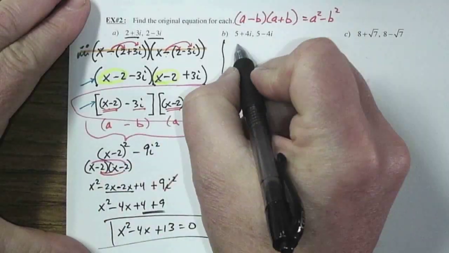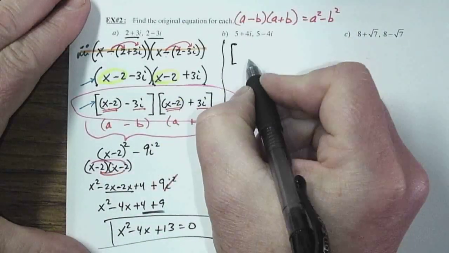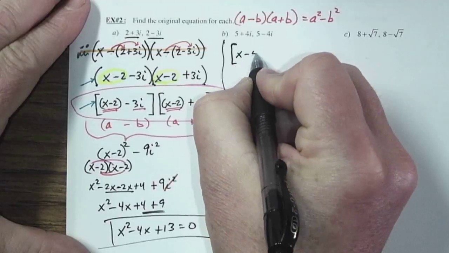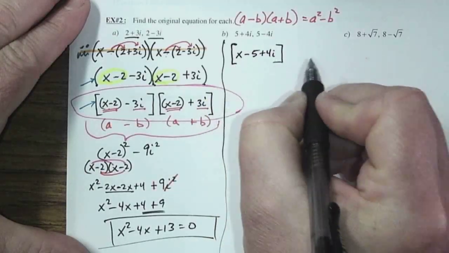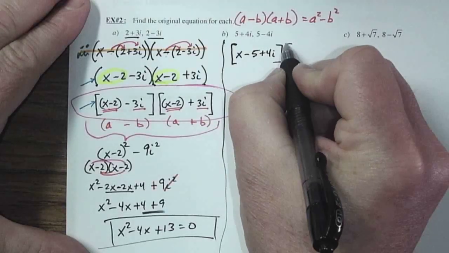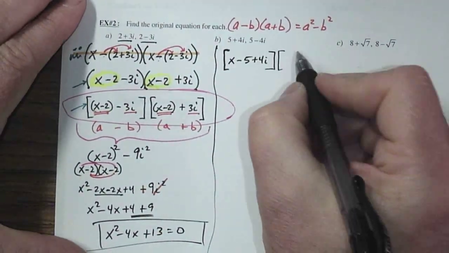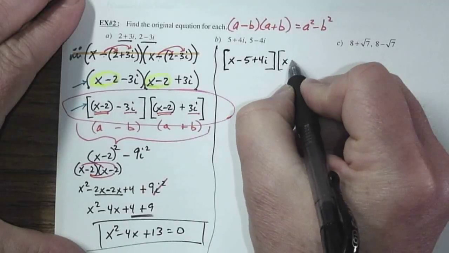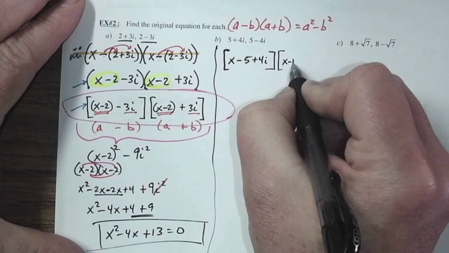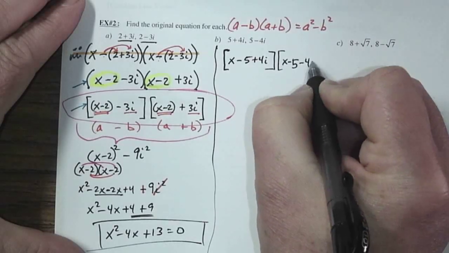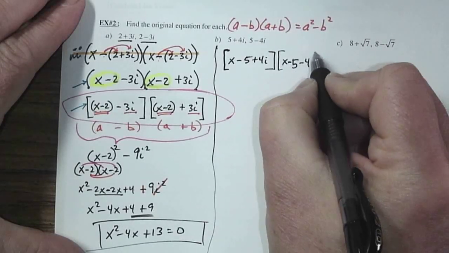We're going to start off with this here with the square bracket. Square bracket, x minus 5 plus 4i, square bracket. Square bracket. Better use them. X minus 5 minus 4i.